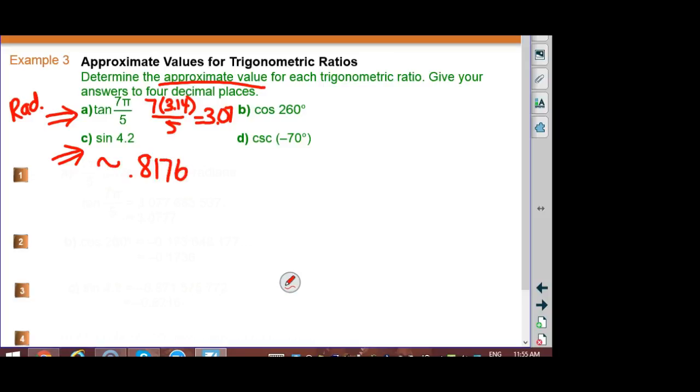Oops, now I wrote it backwards: 8716. For these last 2, you go back to your normal degrees and just hit cos 260 and you'll get a decimal. You need to switch your mode back to degrees in these 2 questions, so go back to DEG for these.